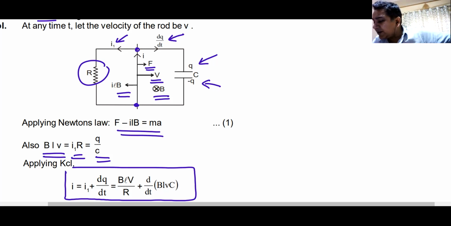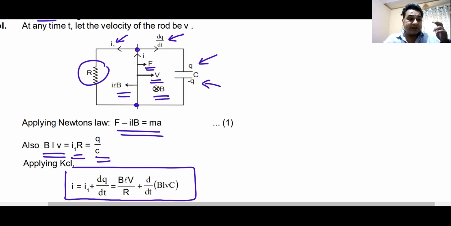So BLv by R plus d by dt of BLv into C. B, L and C are constant. So dv by dt it will become, and that will be acceleration. Yes or no? So far so clear? Well done.